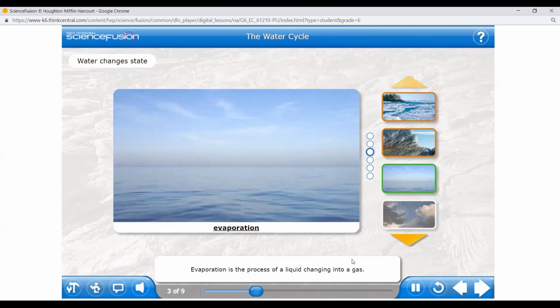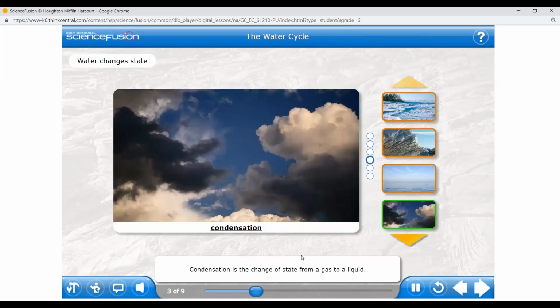Evaporation is the process of a liquid changing into a gas. When water evaporates into water vapor, it absorbs energy from its surroundings. Sometimes this energy comes from the sun. Condensation is the change of state from a gas to a liquid.